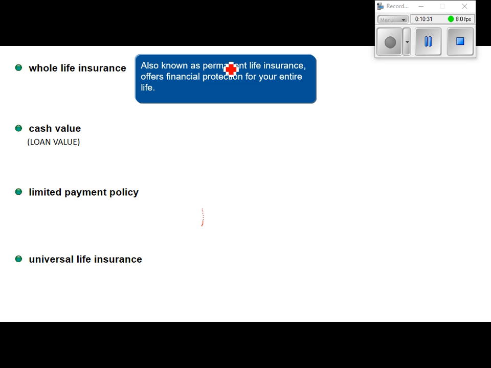Or I'm going to pay this premium till I'm 65. Or I'm going to pay this premium for 10 years, whatever it is. But then that policy stays with you. Unlike a term plan, where once the term's over with, you've got to start all over again. So whole life is permanent.